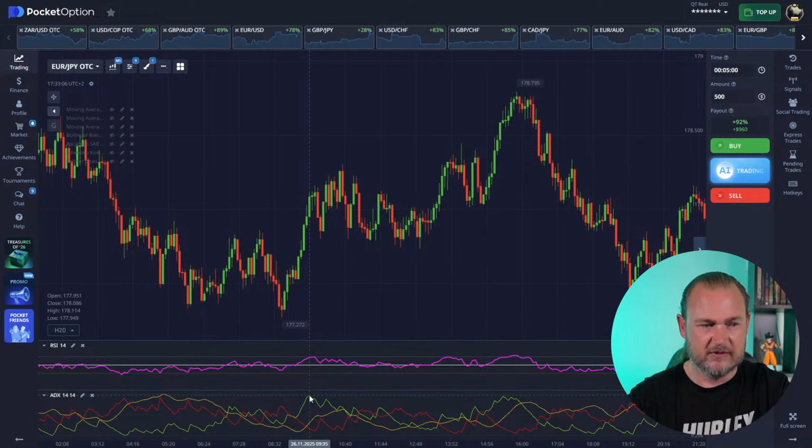Here's a good example. It's a fairly decent DI spike. Price did pull back. Three candles later, we did get a decent pullback, and after that, price simply continued up again. So this would have been a difficult trade.